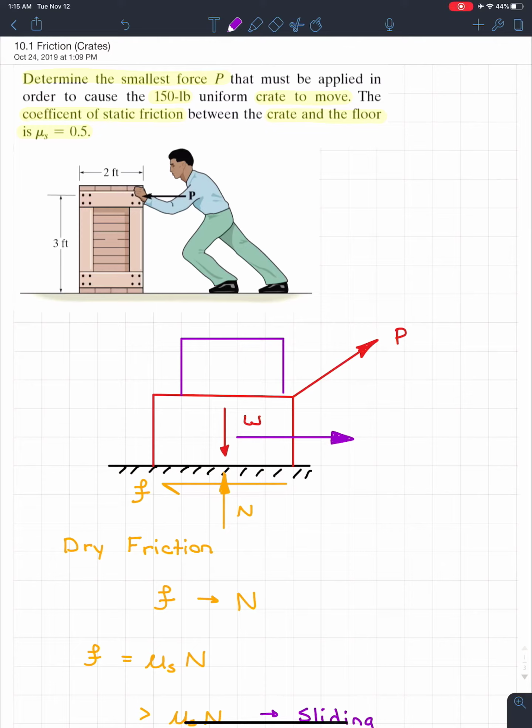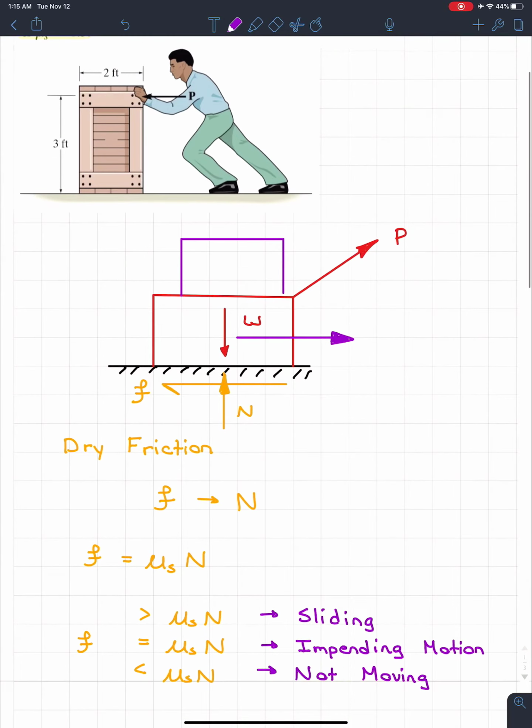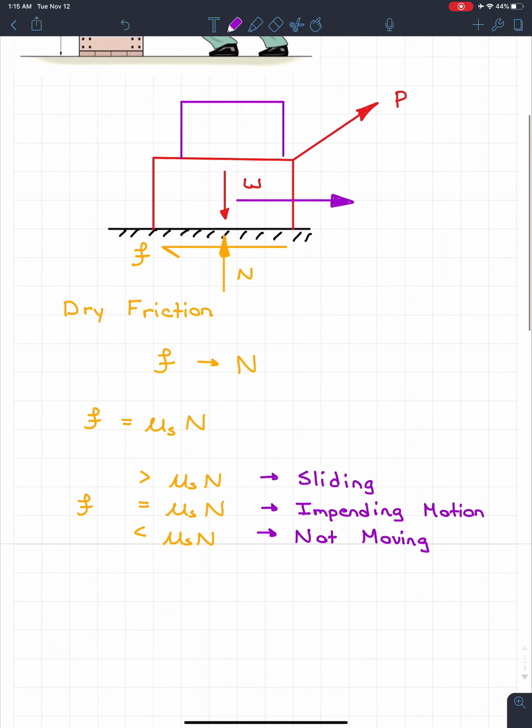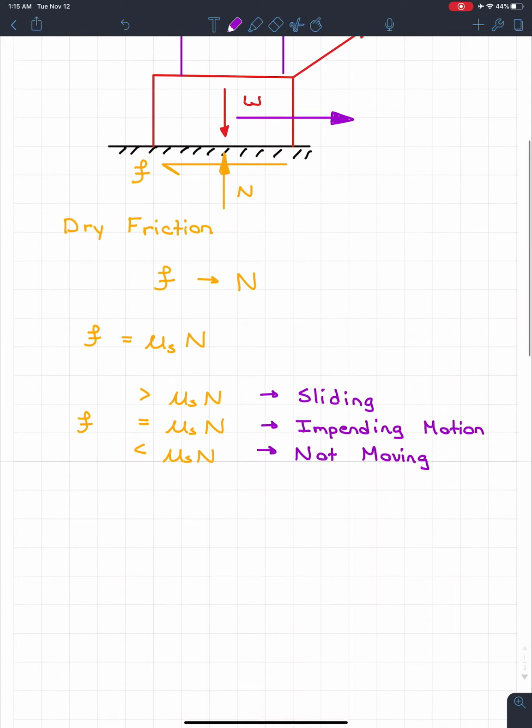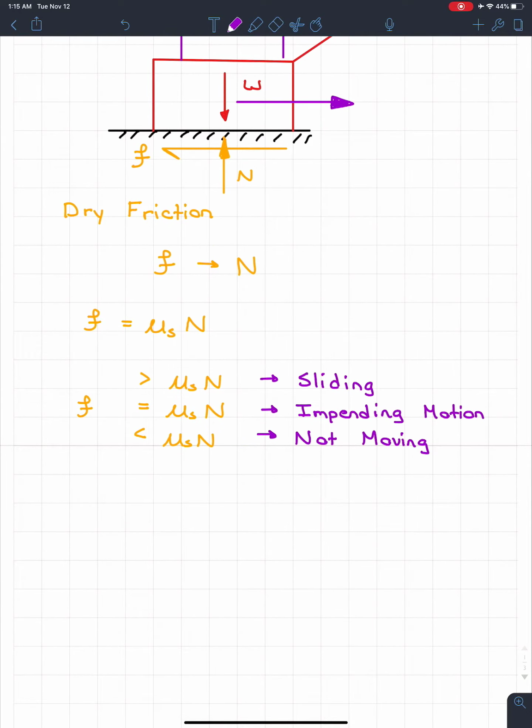Scenario one could be both crates move. However, scenario two could be the red crate moves while the purple crate stays stationary. And how do you tell if the purple crate stays stationary? Well, you look at this condition right there. You determine if the frictional force is less than mu_s times N. If it is, it's not moving. If it's greater than, it is moving.